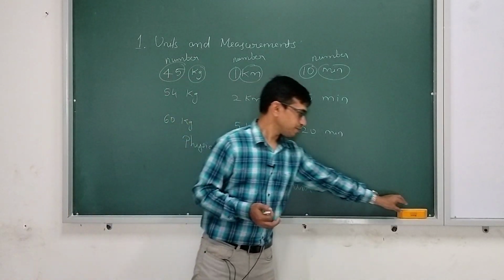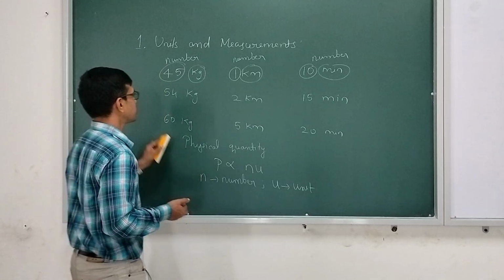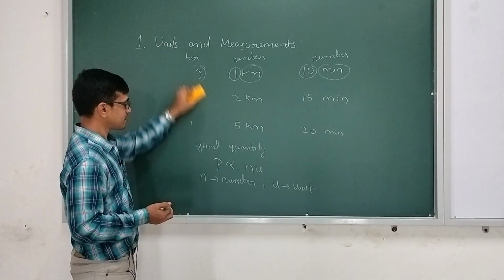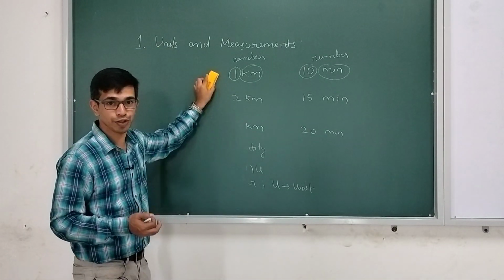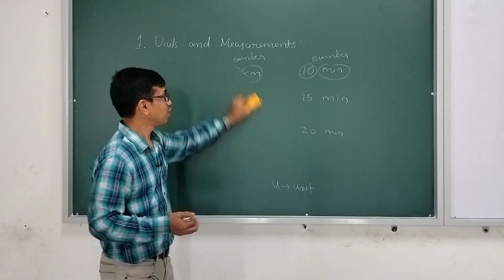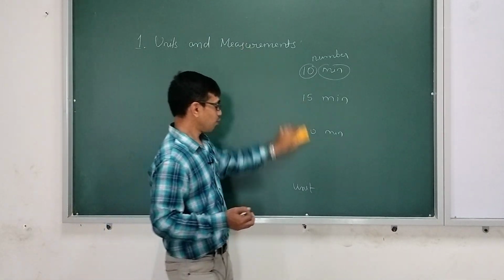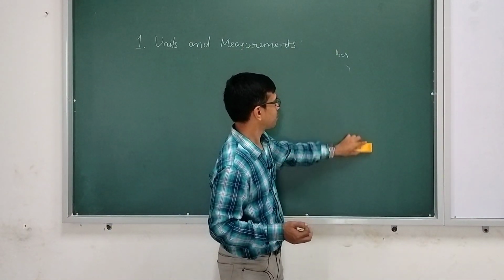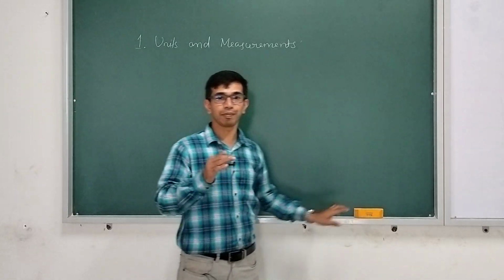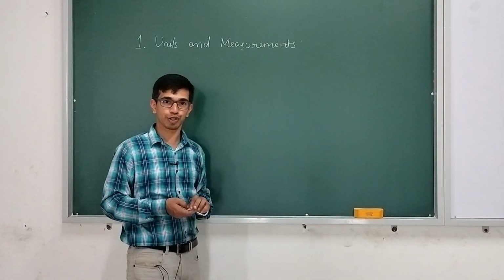In mechanics, hopefully you know what is meant by mechanics. Mechanics is a branch of physics which deals with the study of motion of an object. I will explain motion properly, because the upcoming chapters are related to motion.